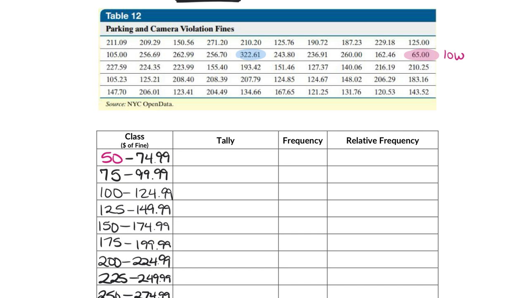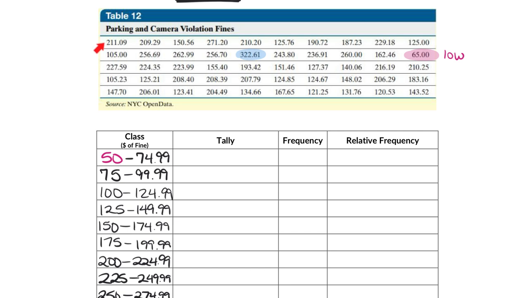Once we have established all of our class intervals, the lower and upper class limits, we go back to the ideas from the first example and we do a tally so that we can do a frequency distribution and a relative frequency distribution. This one's a little bit more challenging, so we'll take our time again. The first number on my list is 211.09.